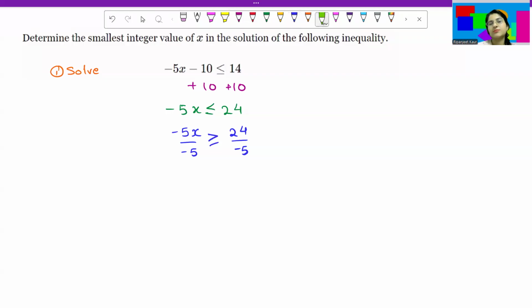What do we get? 4 times 5 is 20, 4.8. Right. So what do we write here? We would write x is greater than or equal to negative 4.8.